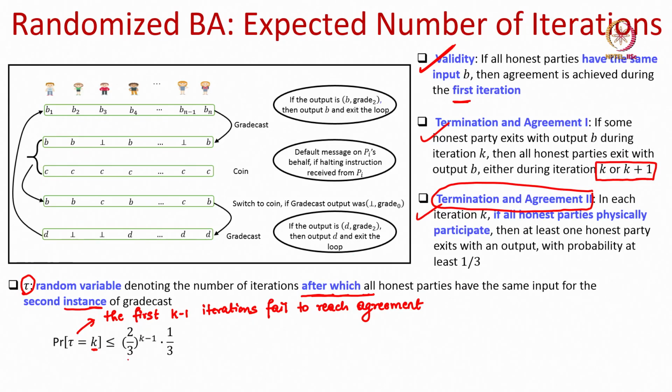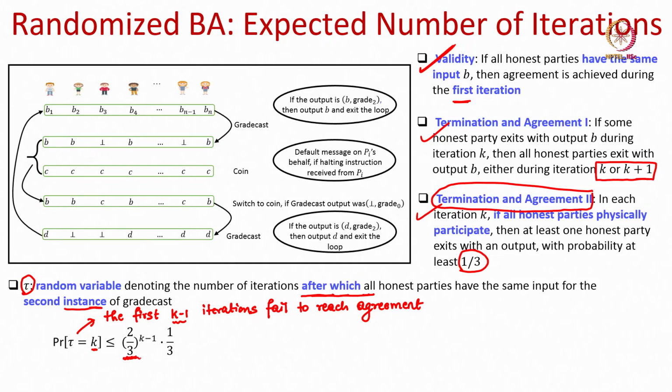Now, what is the probability that tau is equal to k? Well, the termination and agreement 2 property says that with probability at least 1 over 3 each iteration should have ensured that agreement is achieved. That means, with probability 2 over 3 agreement fails to be achieved in each iteration, and we are considering the scenario when the first k minus 1 iterations have failed to reach agreement.